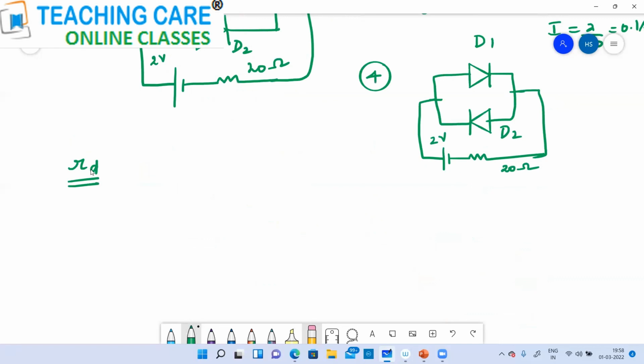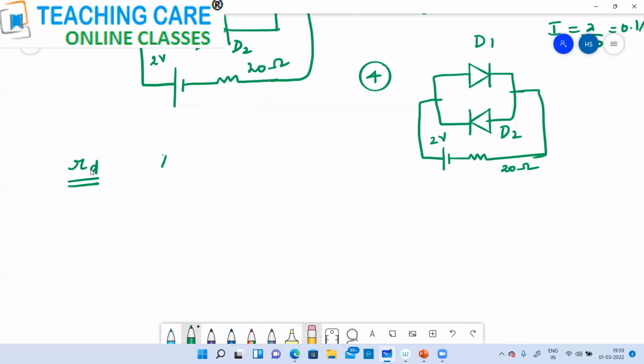Is it clear? So I just gave the introduction about the rectifier. In the next class, we are going to see half wave and full wave rectifier. Then we have a very small portion in this lesson to complete it: the photodiode, LEDs, solar cell. Then we need 1 or 2 classes for nuclear.